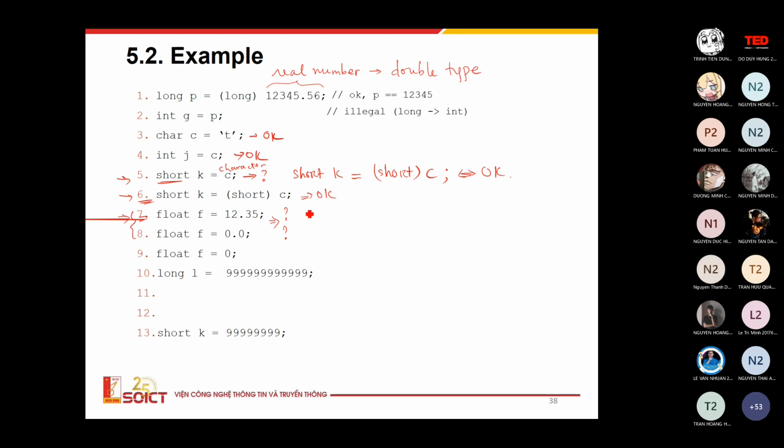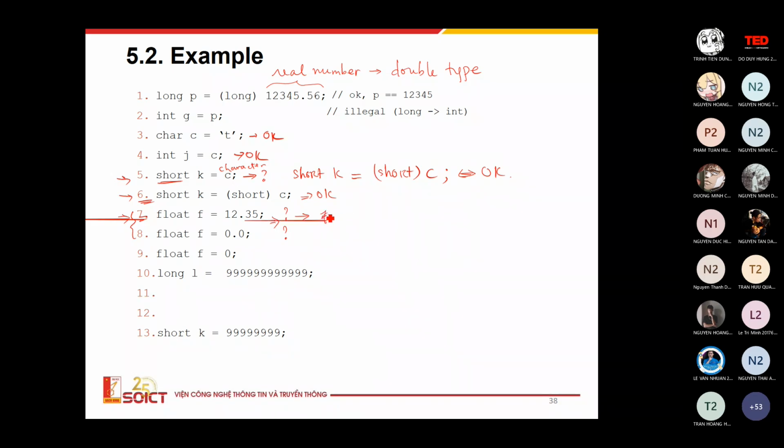Try your best. To convert from double to float, we have to use the casting syntax.